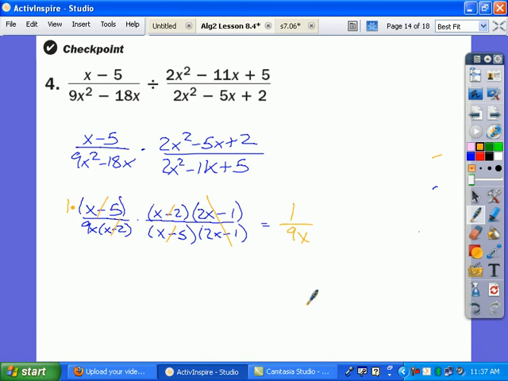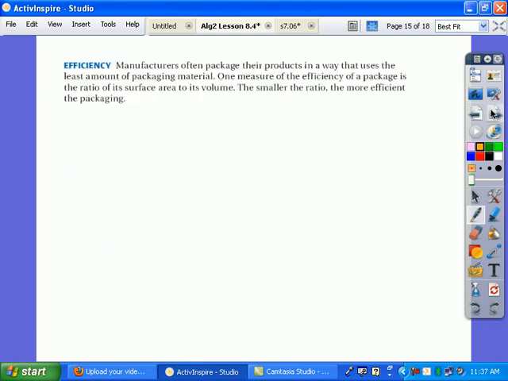All right, so one other idea, and this is a word problem or a real-life situation. Business is always concerned with the idea of efficiency. We want to do things as efficiently as we possibly can while still getting a good profit, because ultimately we want profits. So in packaging, we have a set volume that we're trying to create, but if we can create it using less surface area, I can save more money, right?